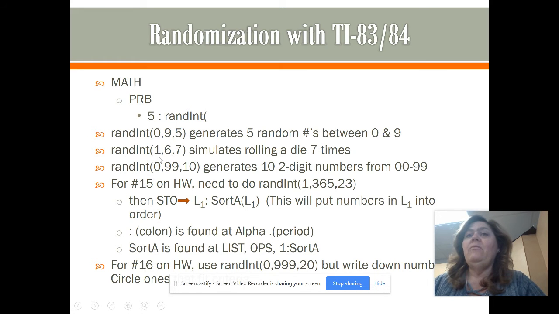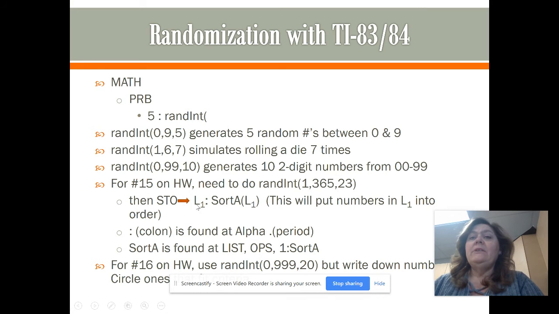Okay. Random int 1, 6, 7 is interesting because that's 1 to 6, but that simulates rolling a die. If you need to roll a die, you can actually do that on your calculator, which is kind of fun. Roll a die 7 times. Random integers 0 to 99 will give you 10 2-digit numbers from your 00 to 99.